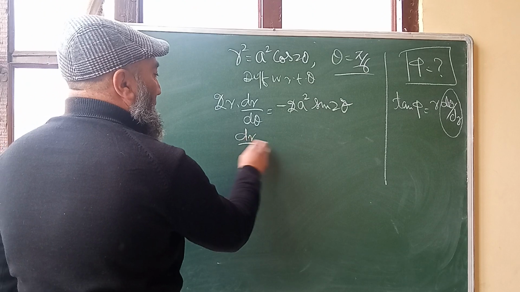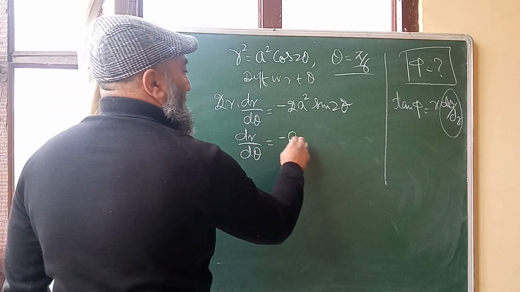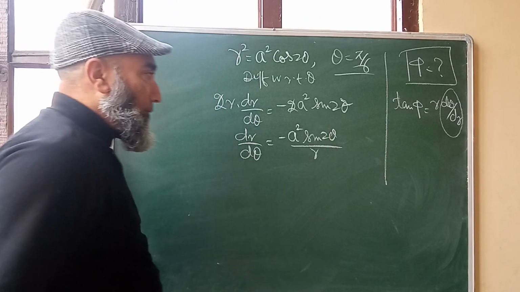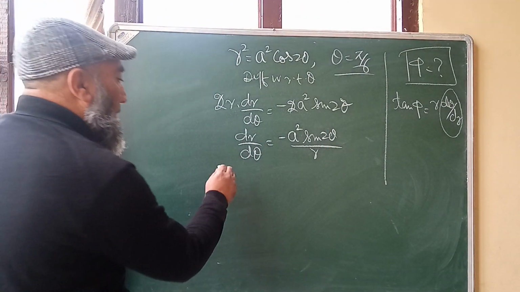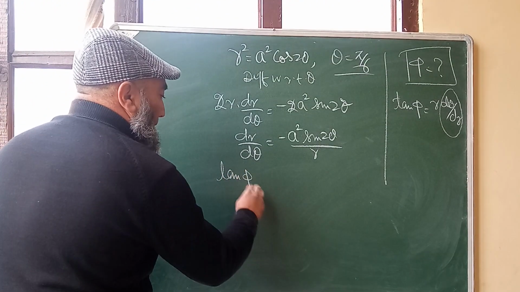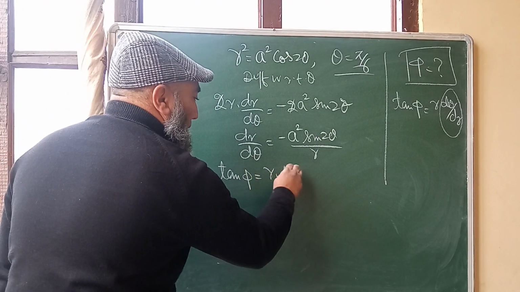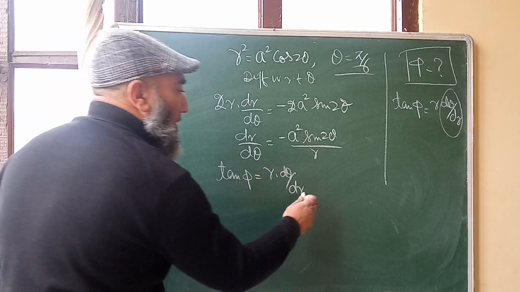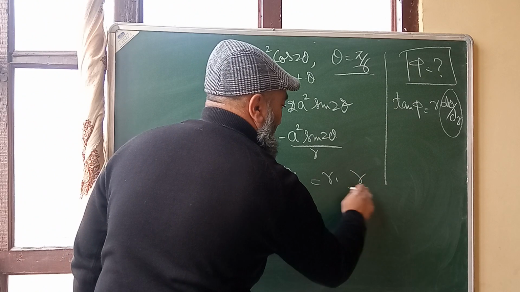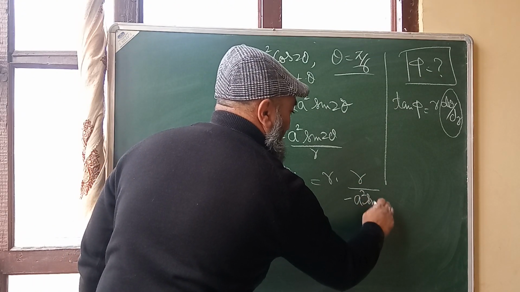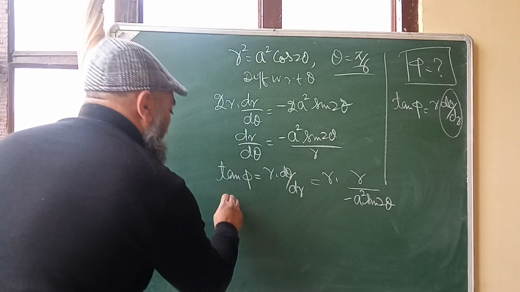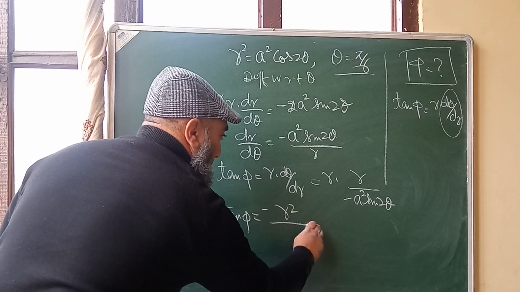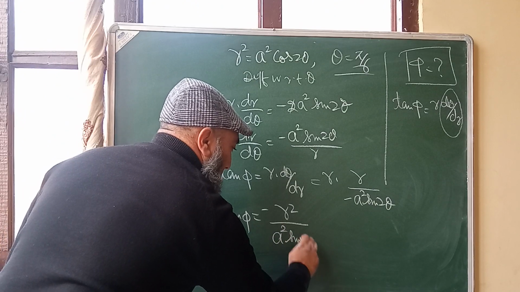So dr by d theta is minus a square sine 2 theta by r. Fine. Now what is tan phi? Tan phi is r d theta by dr. Since this is dr by d theta, you need d theta by dr. So this is r by minus a square sine 2 theta. So tan phi is minus r square by a square sine 2 theta.